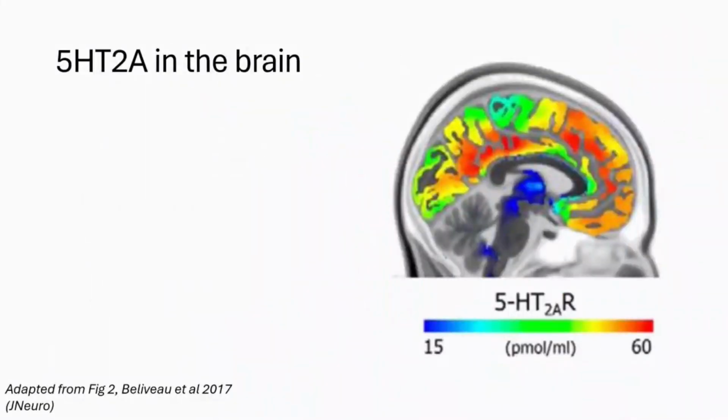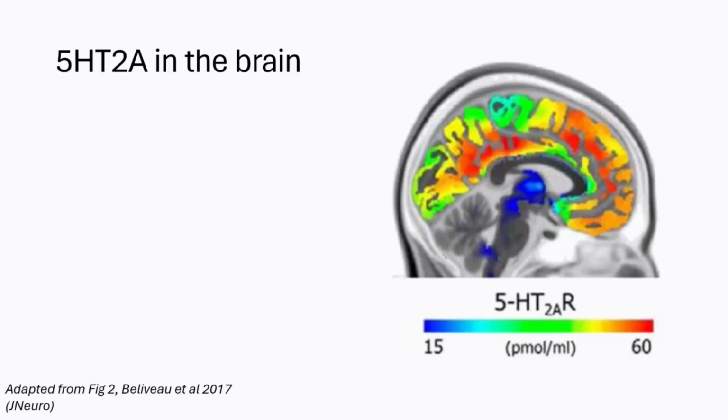So, 5-HT2A in the brain. This receptor is not found everywhere across the brain, and in fact is distributed in specific regions. What you can see here, this is a PET study, and this is showing the density of 5-HT2A across different parts of the brain. The areas in red are places where there's a lot of 5-HT2A, and the areas in blue are where there's not a lot of it.